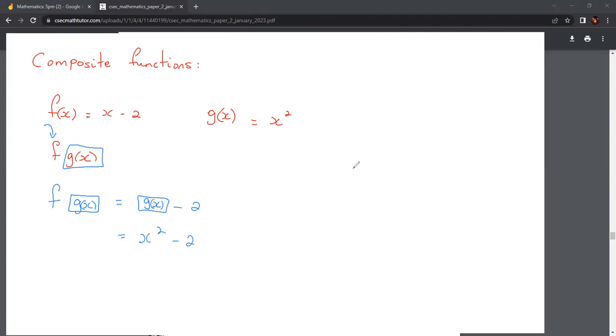Let's try another one. Let's say they give you to find g of f of x. Your first function, the dominant one we're working with, is g of x. So it's going to be g of something, and where I'm replacing my x, I'm going to replace it with f of x.